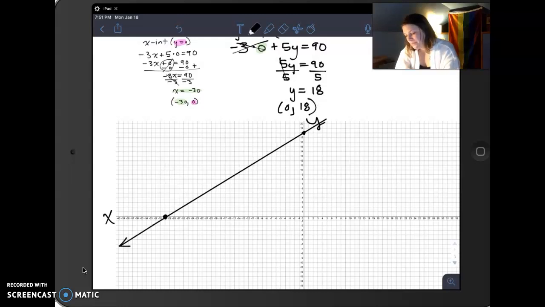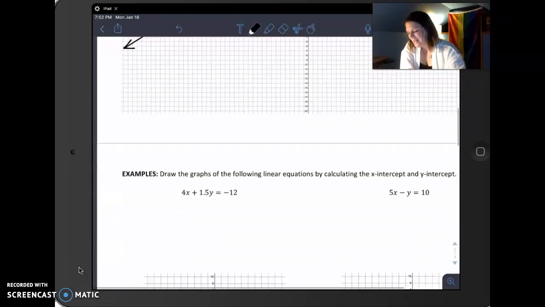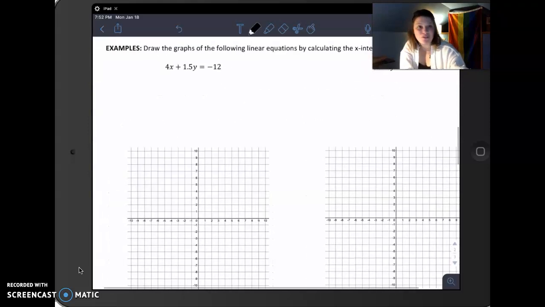But really, as you'll see as we do a few more examples, it's a lot quicker to do it by finding the intercepts, graphing those 2 points, and then connecting them. Don't forget to extend the graph on both sides and put the arrows on there. All right, let's keep going with a few more examples.